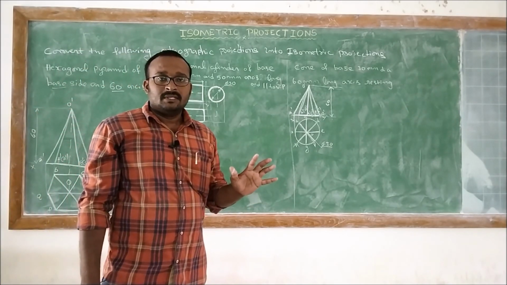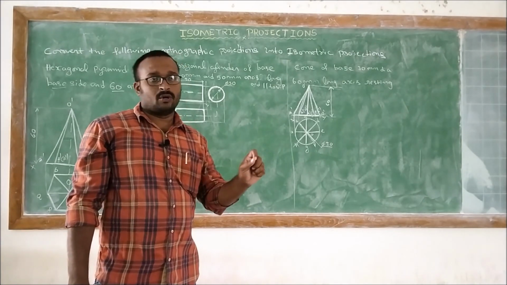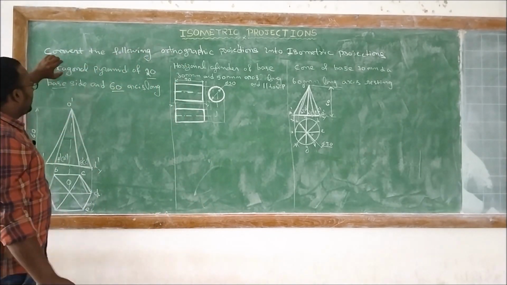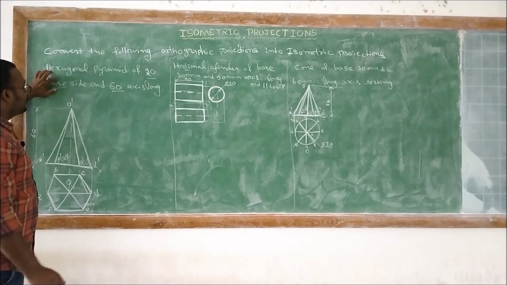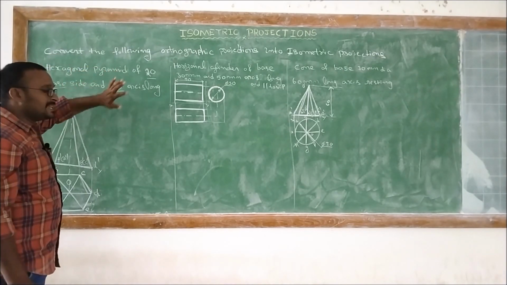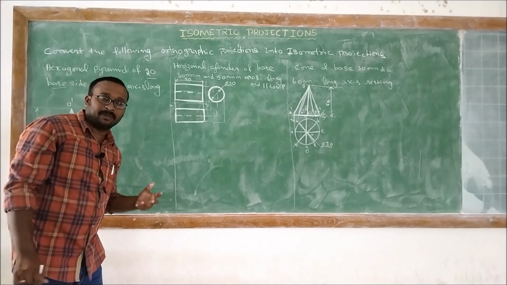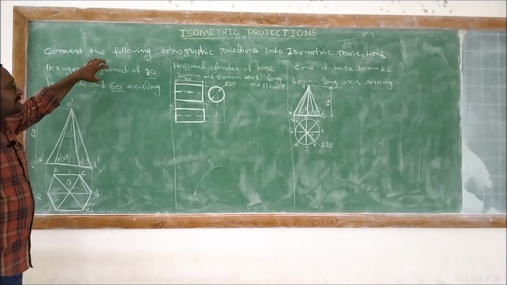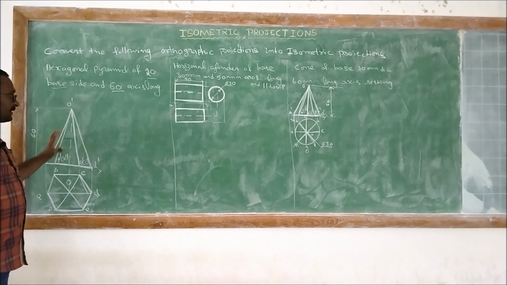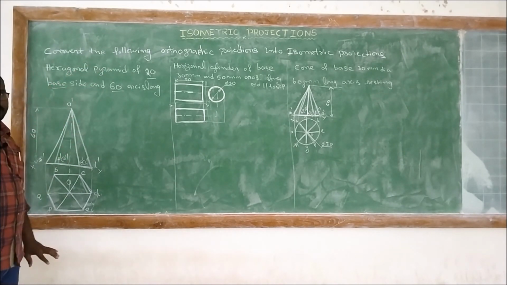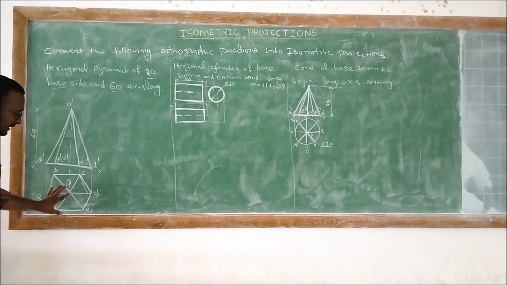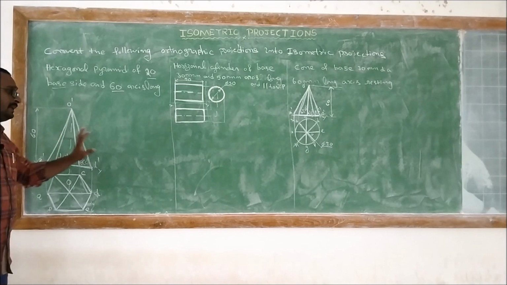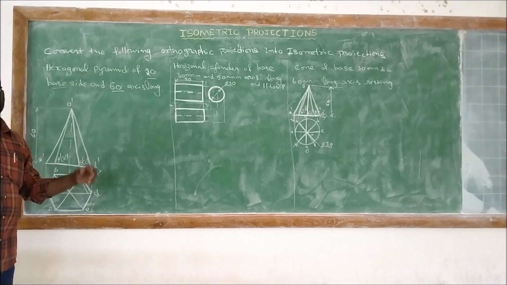Directly they will give the question only: draw the orthographic projection of a hexagonal pyramid of base side 20 mm and axis 60 mm long when it is resting with its base on HP. They won't give this diagram. So by using our imagination only, we must convert this into an isometric view, right? You need not draw the orthographic projection, so you can directly draw the isometric view of the given problem.